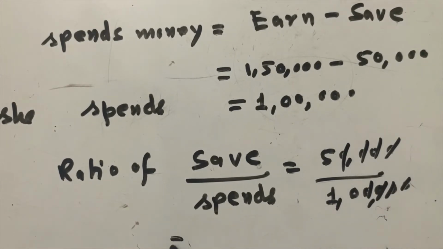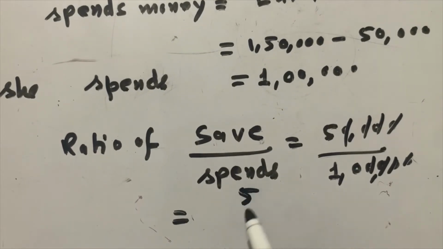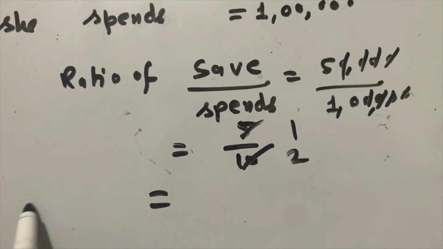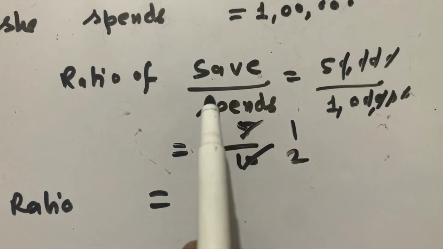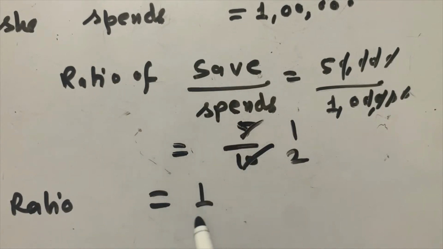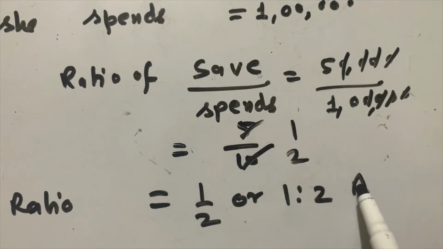We got 5 upon 10, and we will read the table of 5. 5 1s are 5, 5 2s are 10. Hence the ratio of saving to expense is 1 upon 2, or 1 is to 2. That is the answer.